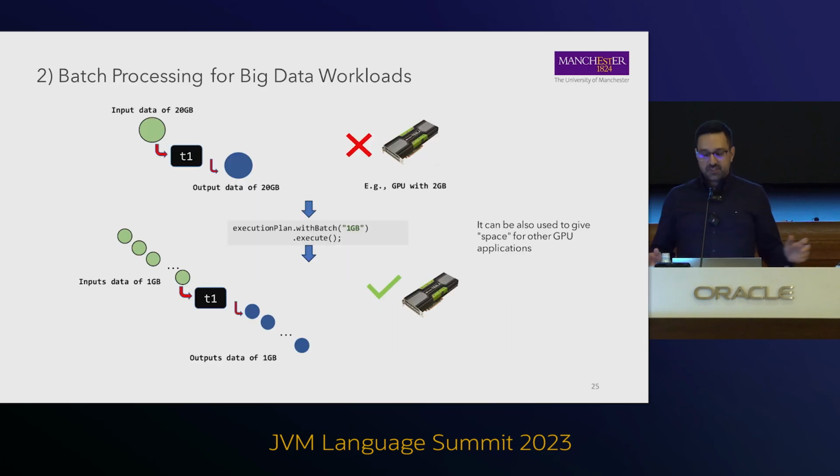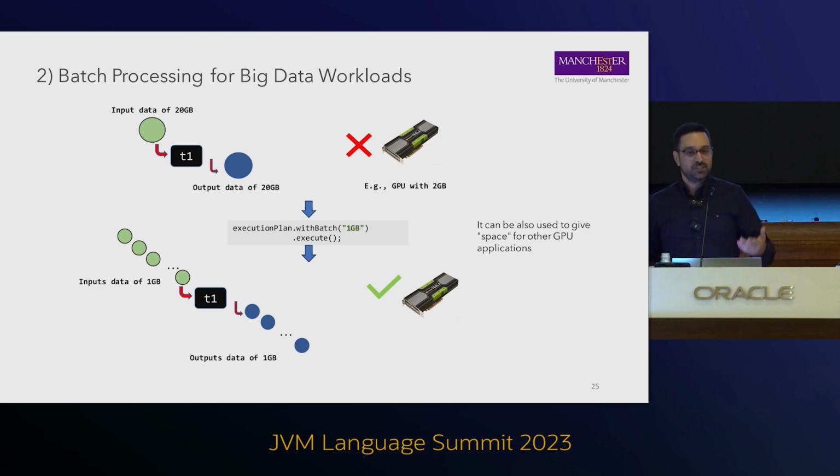The second key feature of Tornado is that it allows us to do batch processing. You want to use GPU power or FPGA power because one of the big use cases is big data applications. But big data mainly means you process a lot of data, and these accelerators usually don't have that amount of memory. So what do we do?